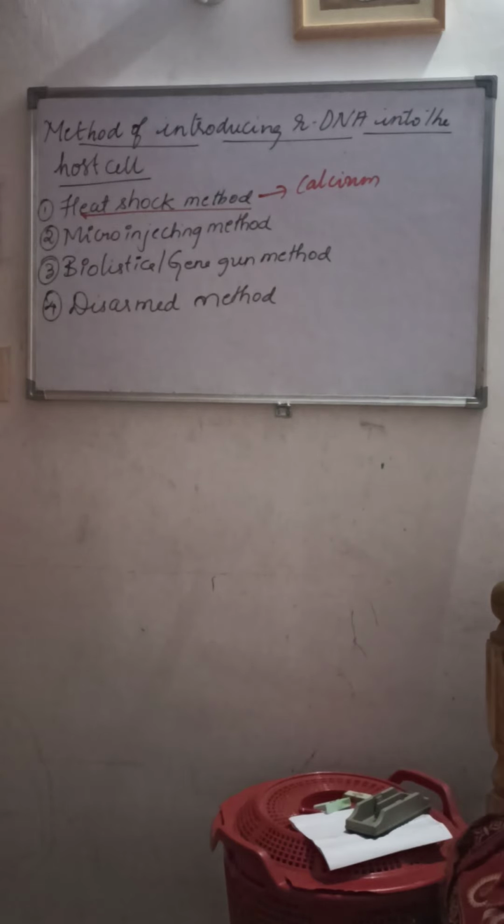So that is the heat shock method. And what will happen? This results in the formation of small pores in the cell wall, due to the treatment with a specific concentration of the divalent cation such as calcium.